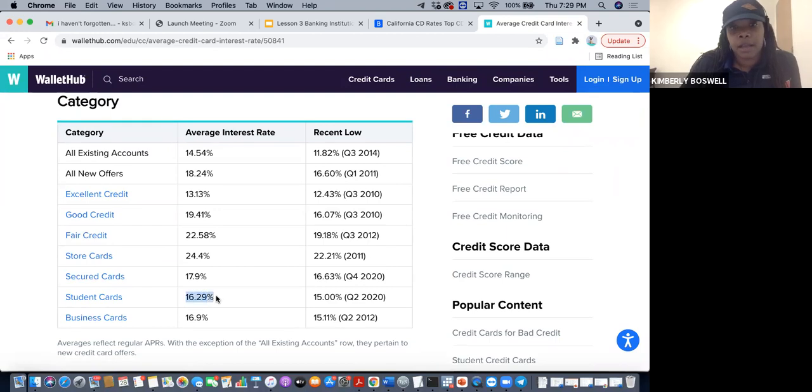Most of you, I guess, would have maybe a student card, 16.29%. Ridiculous when your savings account is barely giving you 1%. So if you do have a credit card, this is if you keep a balance on it and you're charged interest and whatnot, but a credit card is a loan.